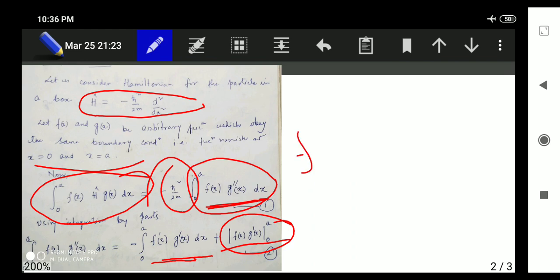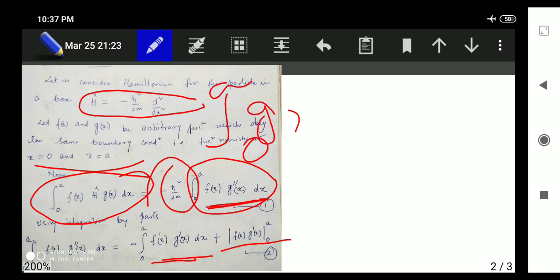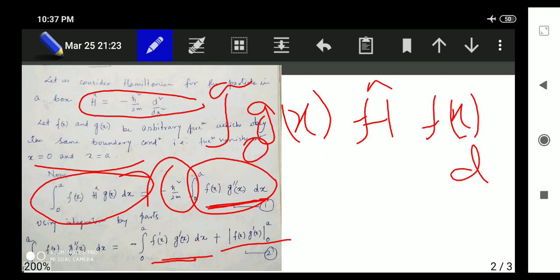I can bring it here so that I can write integration 0 to a of g(x) H cap f(x) dx.